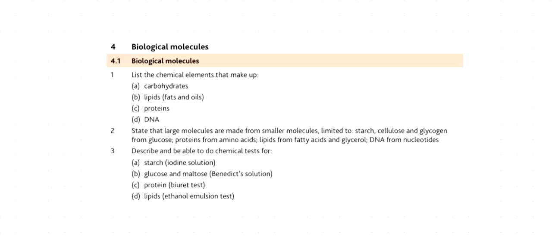As you know, we are going to discuss the biological molecules. In my previous video, I told you about carbohydrates, lipids, and proteins, that they are polymers, and what their monomers and chemical structures are.